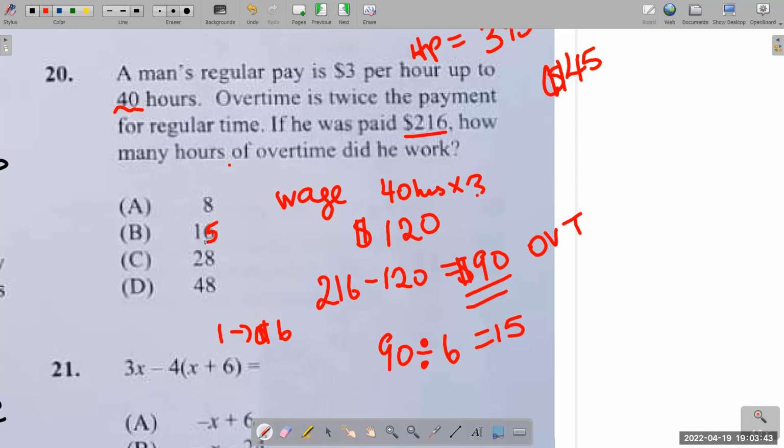So this was one of the years that happened. But everybody see now? Wait, it's supposed to be 96. Yes, it's 96. So 96 divided by 6, and that's how they get 16. Okay, good. So it's B.